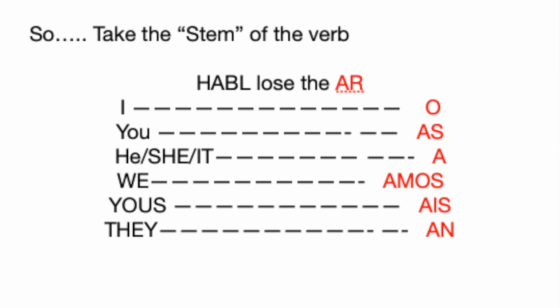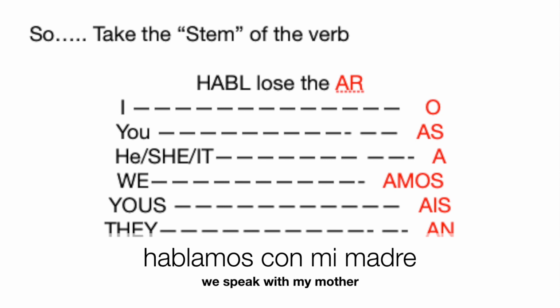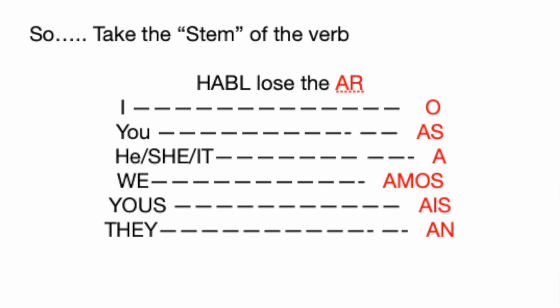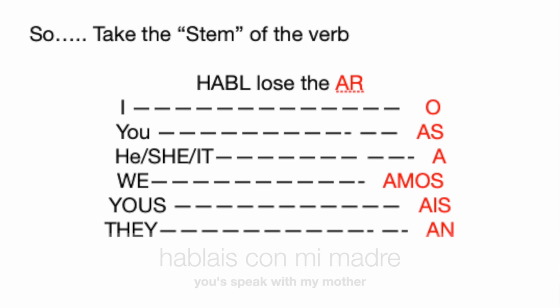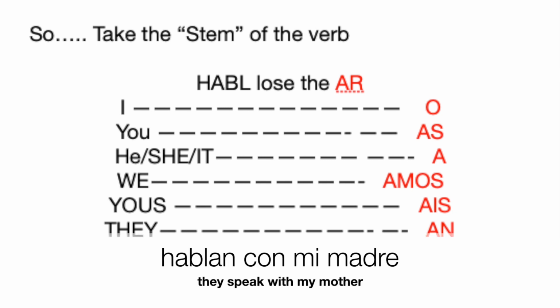We, what they do is put the letters A-M-O-S at the end of the stem: hablamos con mi madre. Yous, as in you group of people over there, it would become habláis con mi madre. It's pronounced like ice, as in drinking with ice in, even though it's A-I-S. And the final one is they, and that becomes hablan con mi madre.